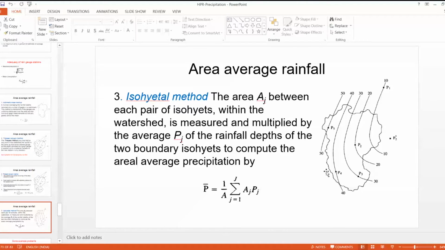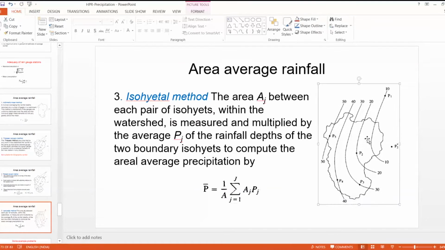That weighting factor is nothing but the area of the catchment between two isohyets divided by the total area, and Pj is nothing but the average of the isohyets which are the boundaries of that area. Suppose in this case, the average rainfall is the average of this isohyet of 10 and isohyet of 20. So the average rainfall is given as 15. Okay. Here also the area is obtained using a planimeter.